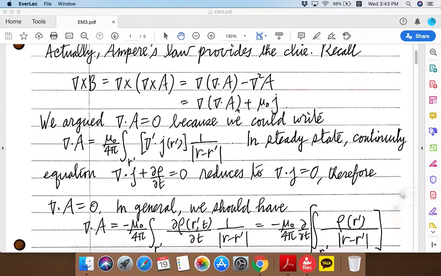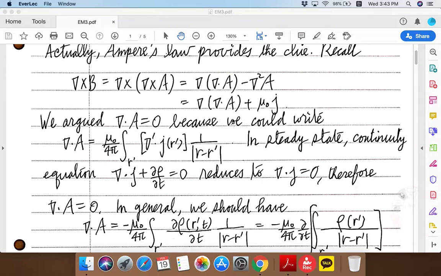But you should also recall that the manipulation rested heavily on the assumption of a time-independent situation, the so-called steady state, where the continuity equation reduces to the divergence of the current density vector being equal to 0. And therefore, we could argue that this thing in the integrand vanishes identically, and therefore the divergence of the vector potential vanishes identically.